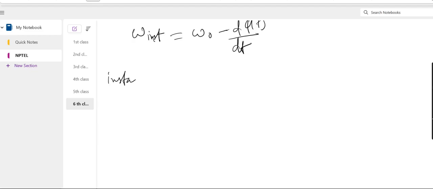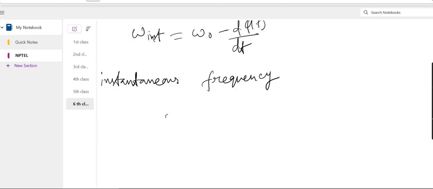To make it instantaneous frequency, we need to divide it by 2 pi. This is all in the temporal domain.